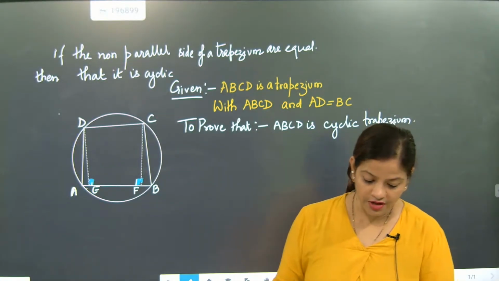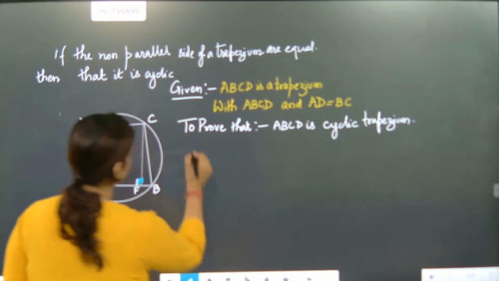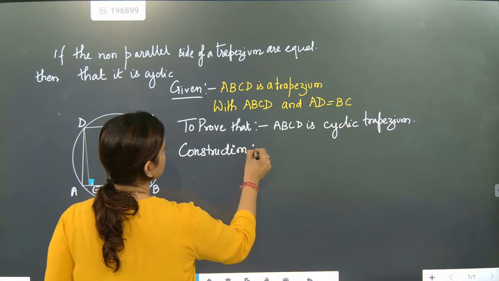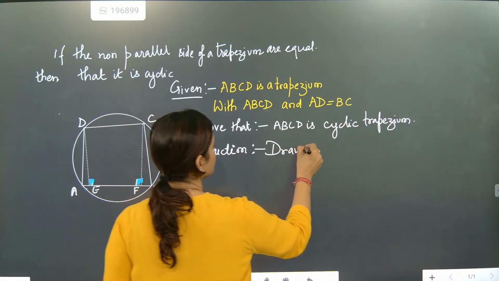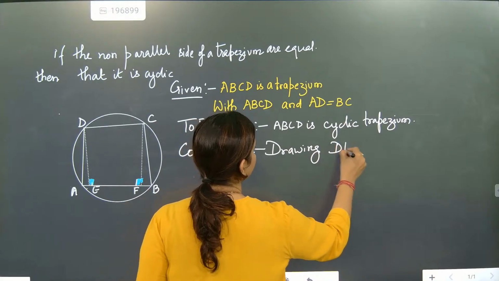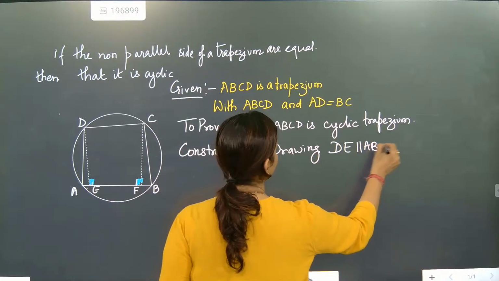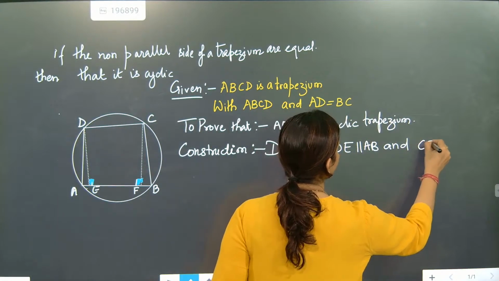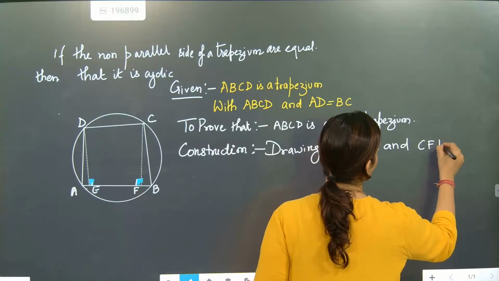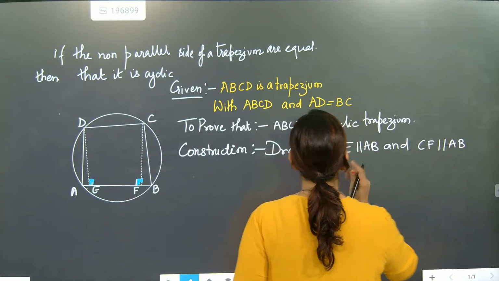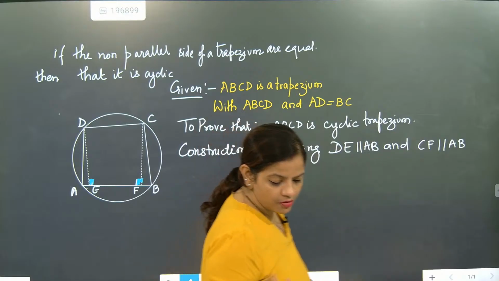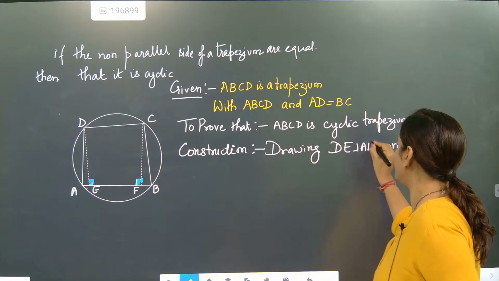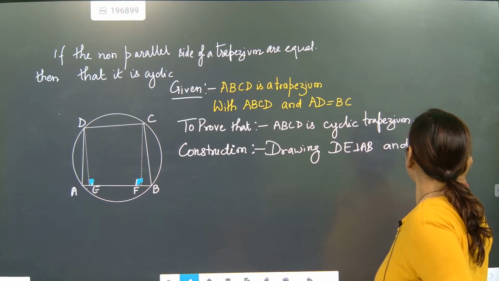So we will write, construction: drawing DE perpendicular to AB and CF perpendicular to AB.